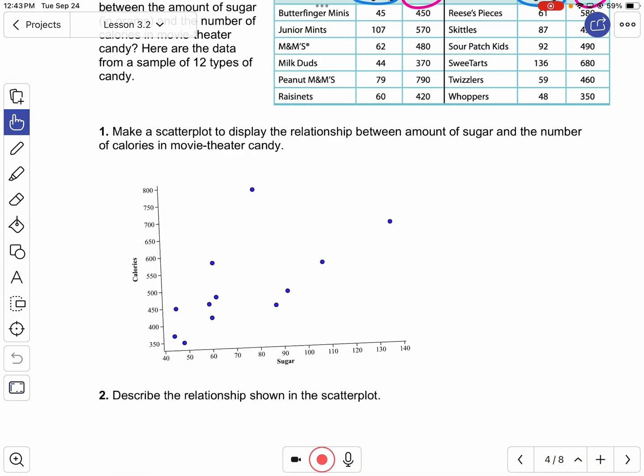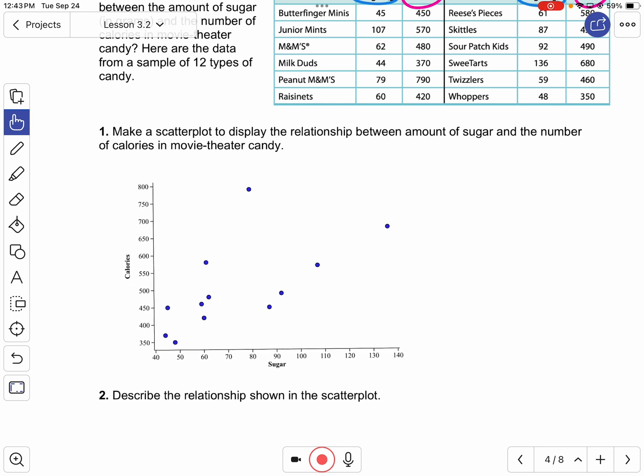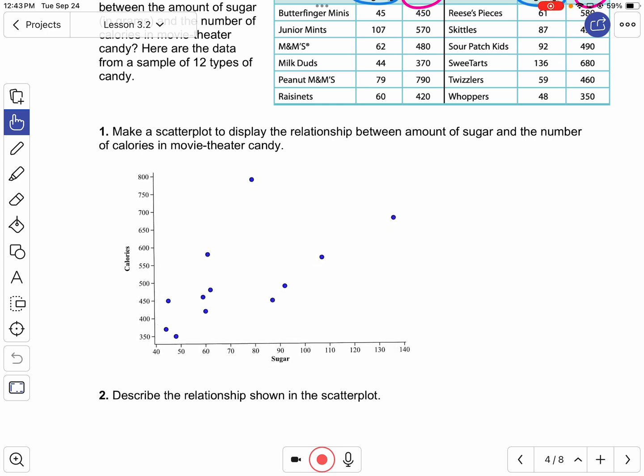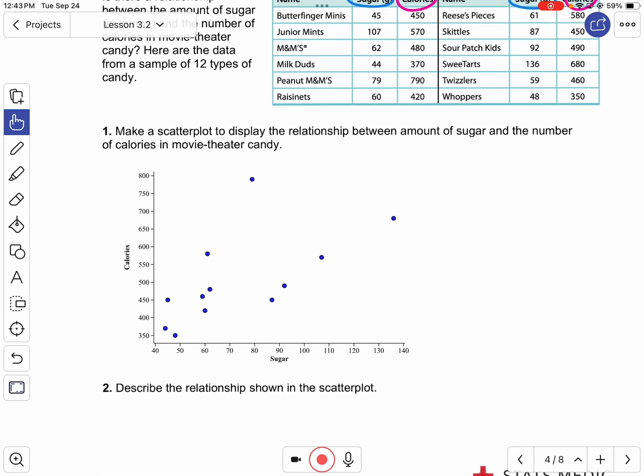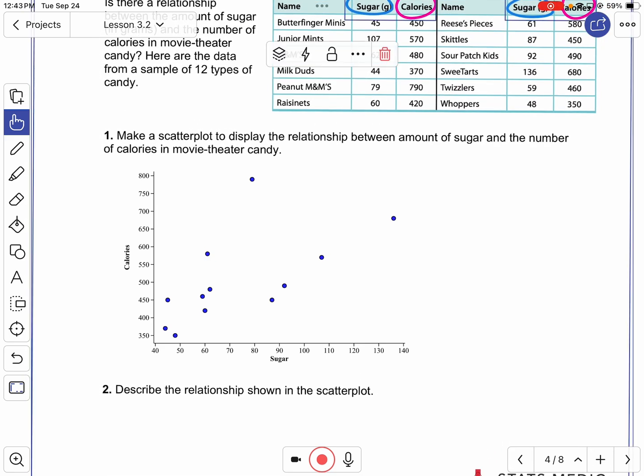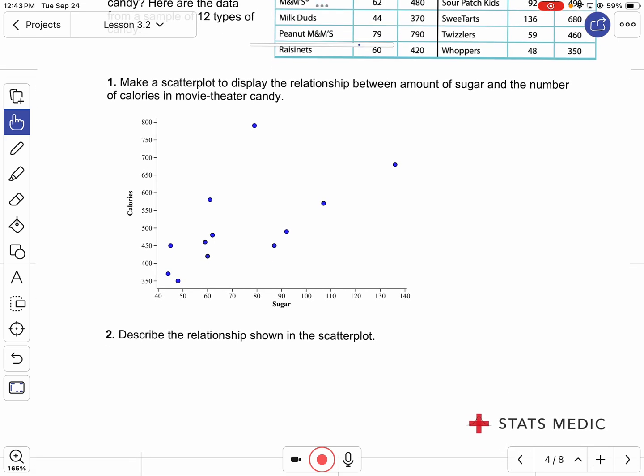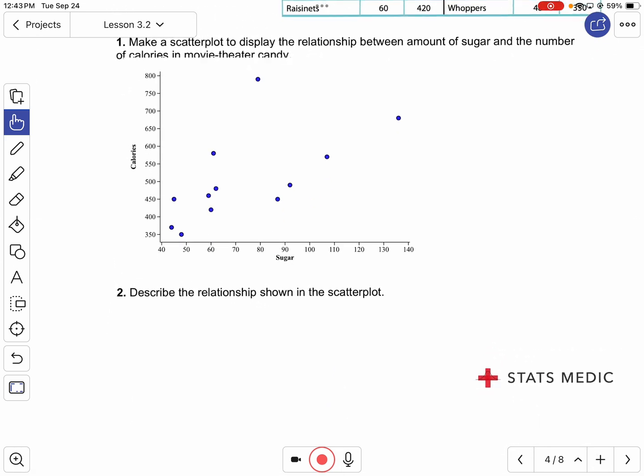So there's my thing. Like I said, that'll probably be multiple choice for y'all. So you'll just be picking the right scatter plot. Now, the next thing it says for us to do is to describe the relationship that's shown in the scatter plot.